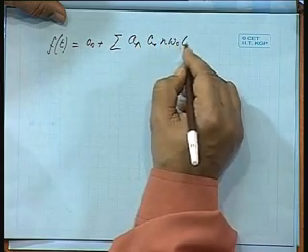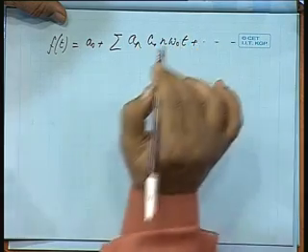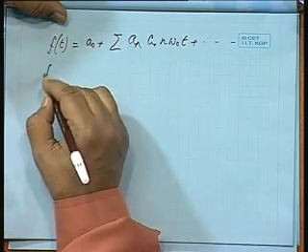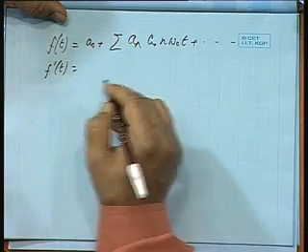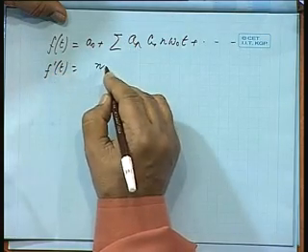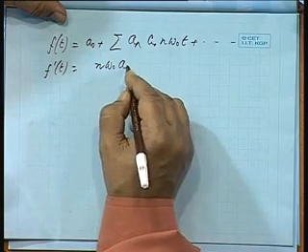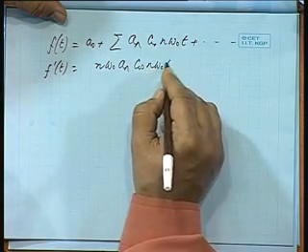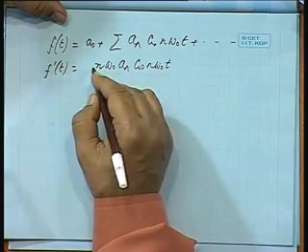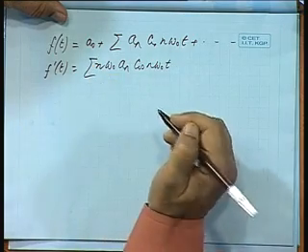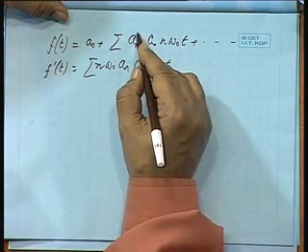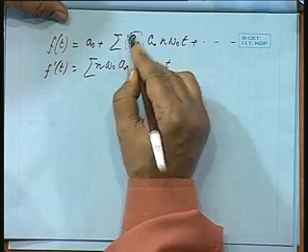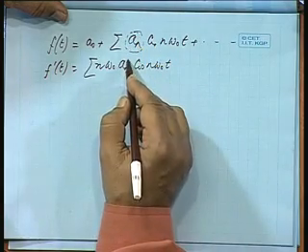Let us take f t. Once again, a n cosine n omega naught t. Let us consider only the first term. Then what will be f dash t? It will be n omega naught a n cosine n omega naught t.